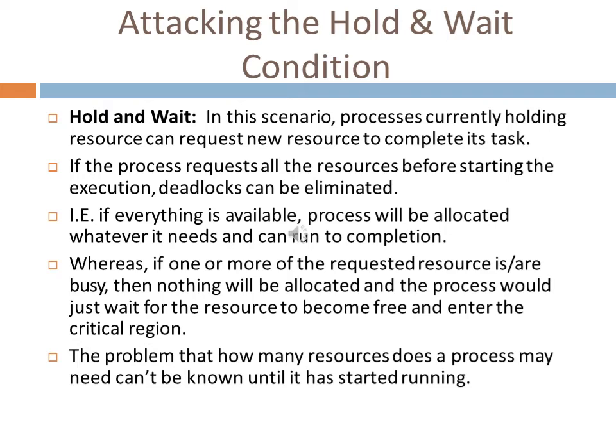That is, if everything is available, the process will be allocated whatever it needs and can run to completion. Whereas if one or more of the requested resources are busy, then nothing will be allocated and the process would just wait for the resources.